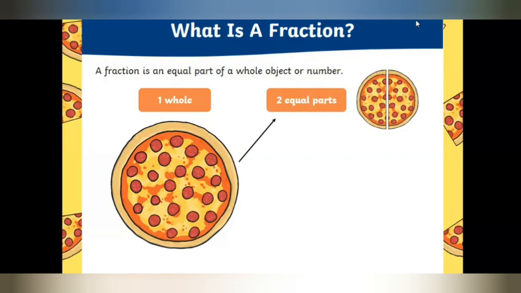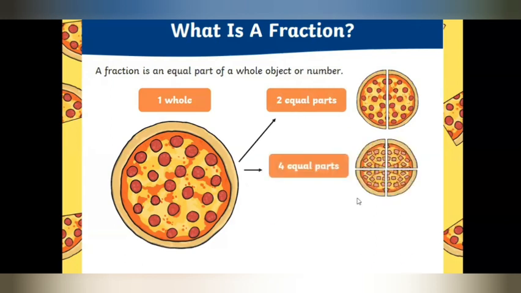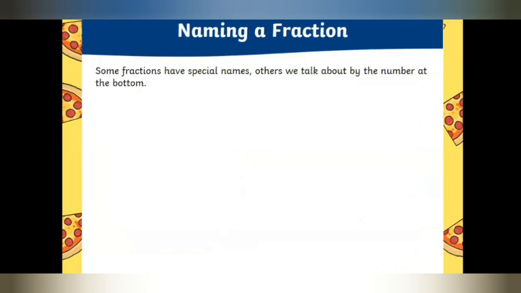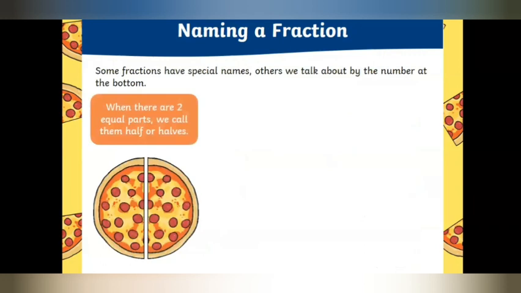Then here look at 2 equal parts, 4 equal parts, 8 equal parts. To express the amount of equal parts that we consider, we use fractions. Then to name a fraction, some fractions have special names, others we talk about by the number at the bottom, as we did previously.